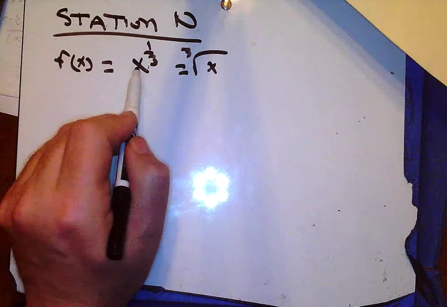Show that f of x on this interval does not satisfy the mean value theorem. Well, what were the preconditions for the mean value theorem? That f is continuous on the interval. Well, I know this function is continuous everywhere from -infinity to infinity. So I can just state that f is continuous on -1 to 1.